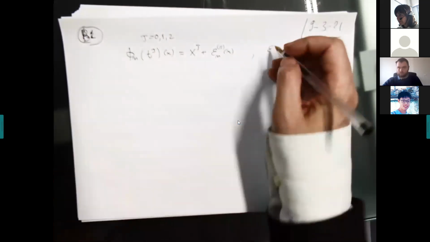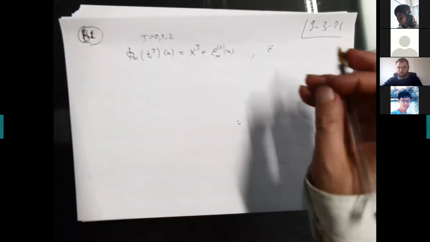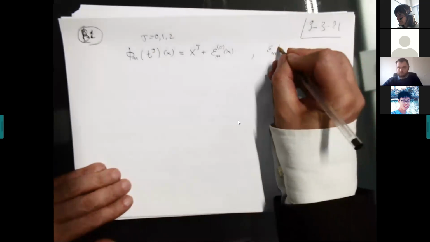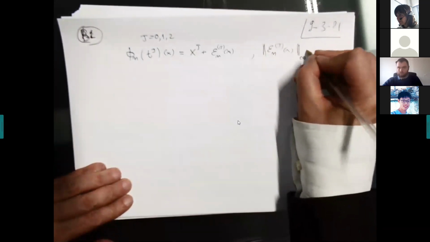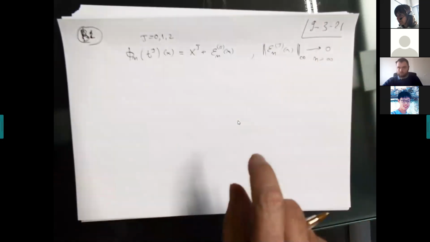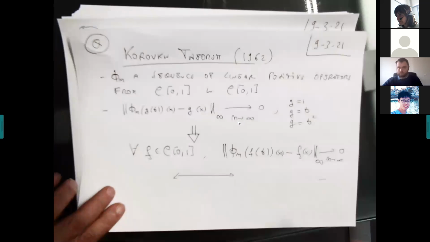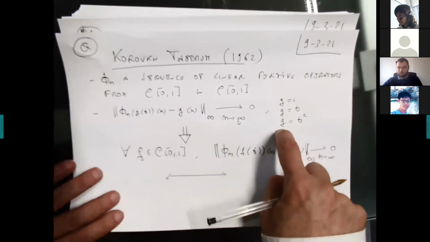And since there is uniform convergence, I assume that epsilon n j x infinity norm goes to 0 as n tends to infinity. So I have written in a different way this assumption on this test, which is finite.